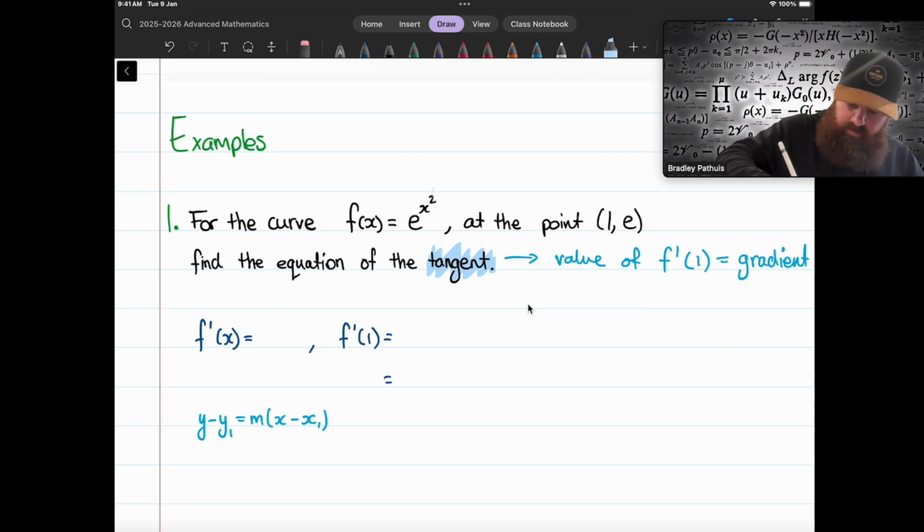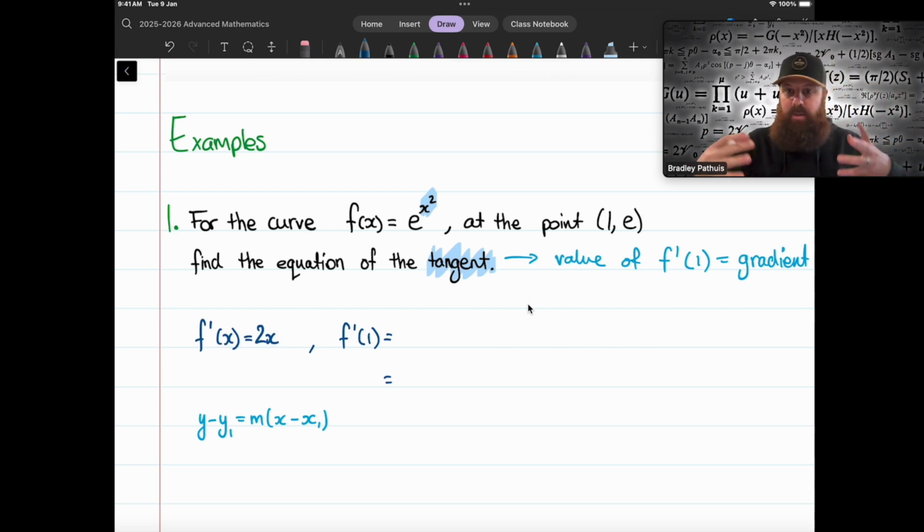So the derivative of x squared is 2x, and now we just multiply that by e to the x squared because it stays itself. That's its derivative done. Now we need to evaluate it at 1 to find our gradient.